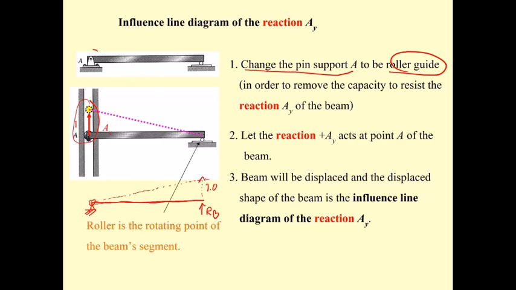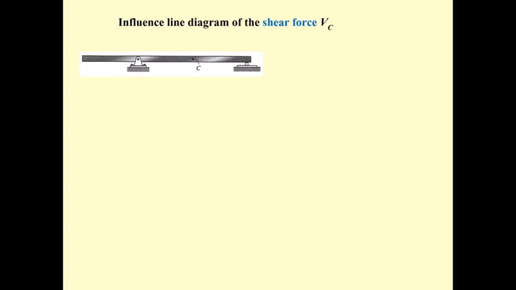Okay? And then for the shear. When you draw the influence line diagram of shear force V sub C, you're going to eliminate the ability of resisting shear force here. We eliminate it because we're going to try to move it.